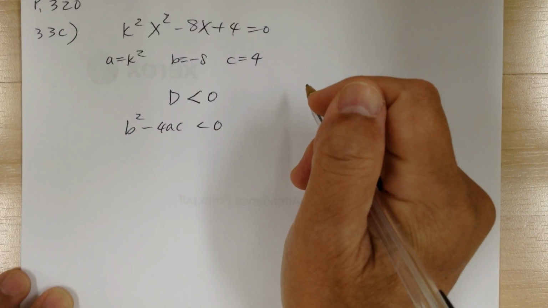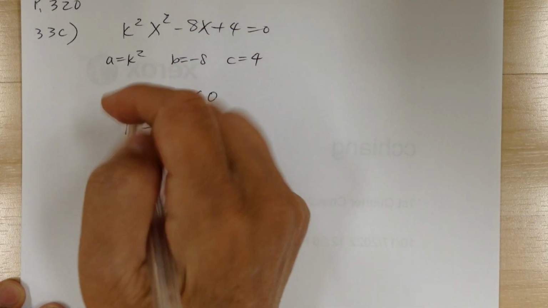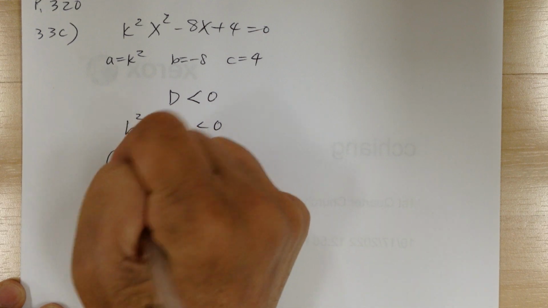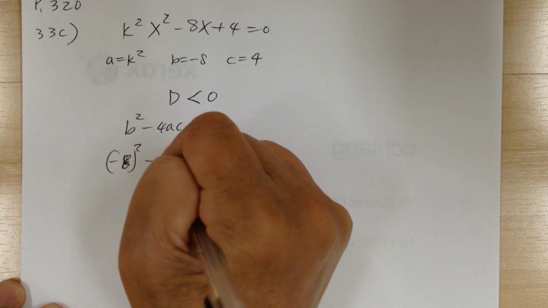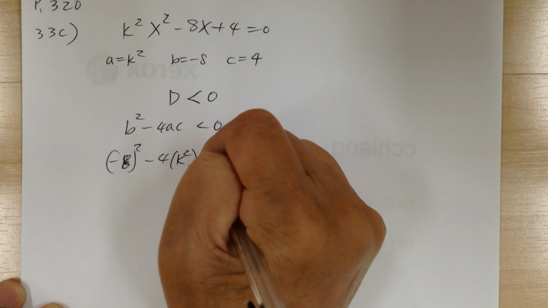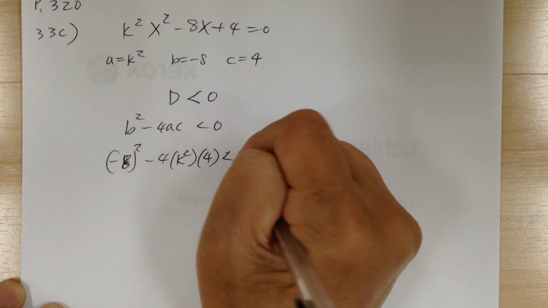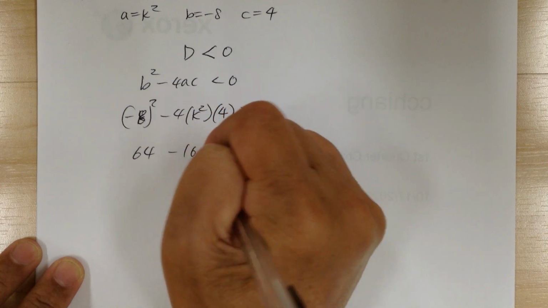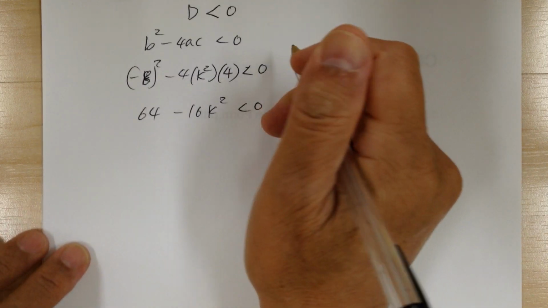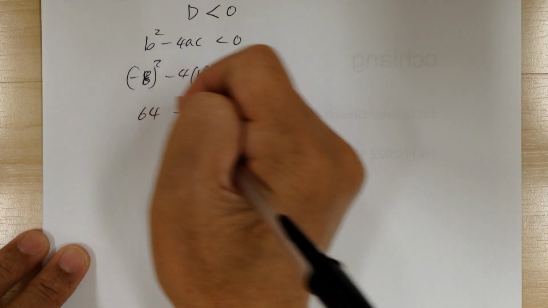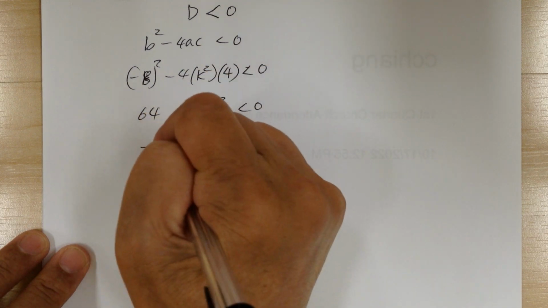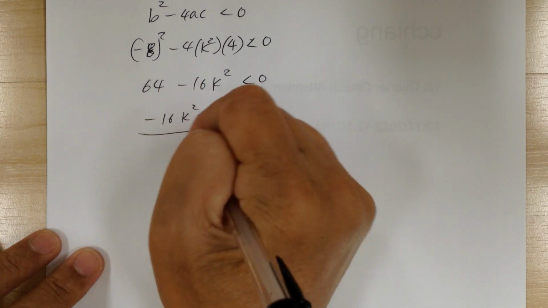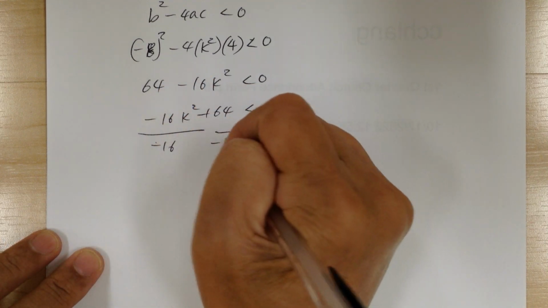After you substitute, you got negative 8 squared minus 4ac is less than 0. Again, you got 64 minus 16k squared less than 0. Switch the terms. Divide by negative 16.